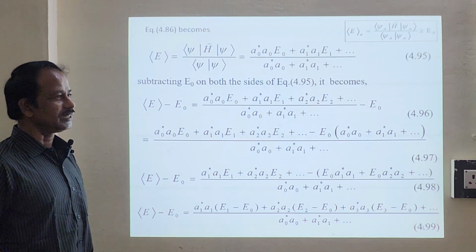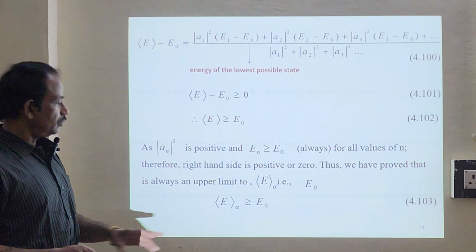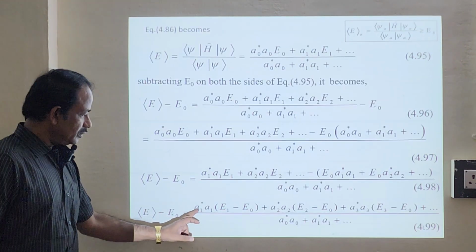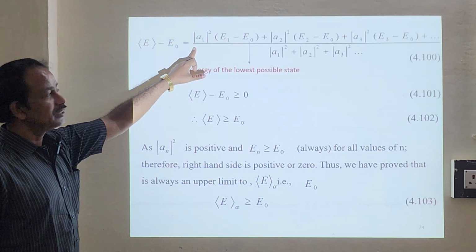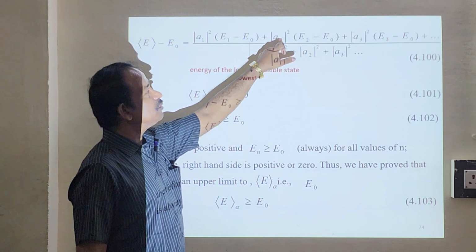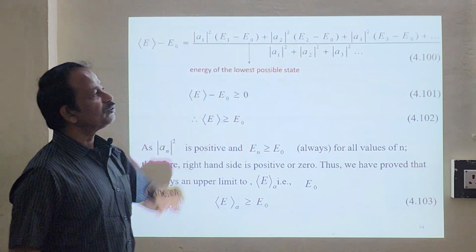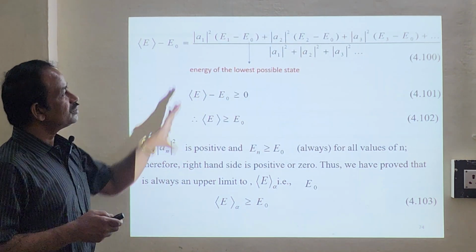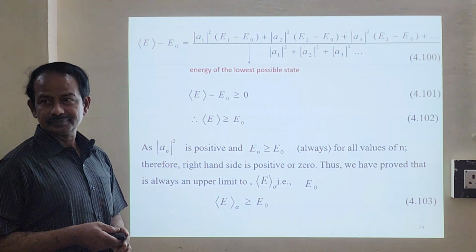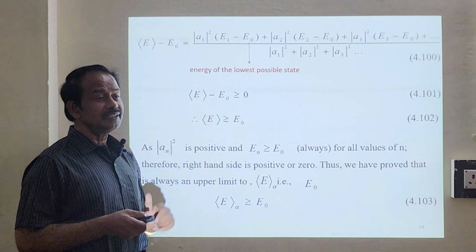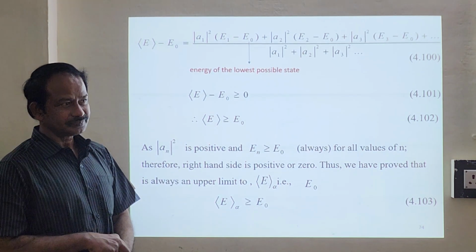Very simple technique. Now look over here. A1 star A1 will give us mod A1 squared, E1 minus E0, plus mod A2 squared, E2 minus E0, and it goes on. Consider the right hand side. Mod A1 squared is a positive quantity.